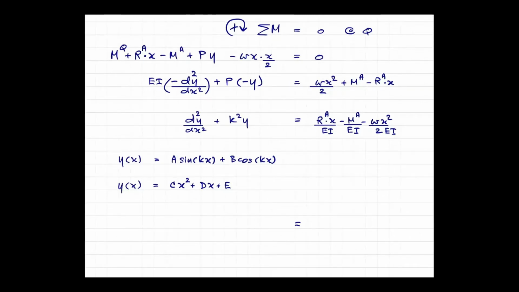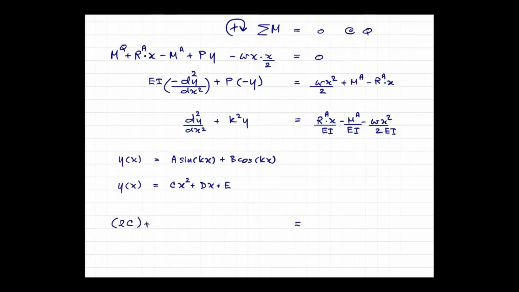So substitute the particular solution into there and there. Differentiate twice. The dx and e will be gone. The first time you get 2cx plus d, and then the second time you just get 2c. So that's the part that you have from the second derivative of y with respect to x.